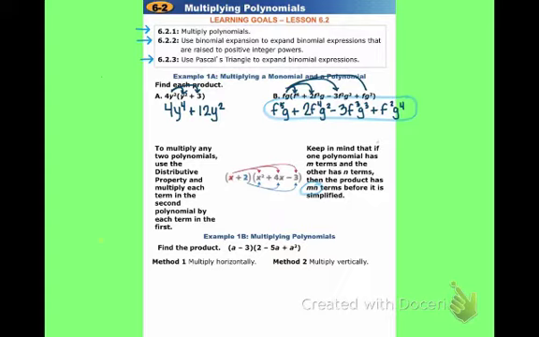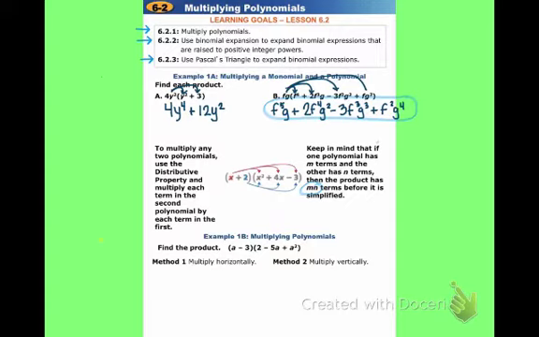If there were things I could do to group them together, then my final answer might have fewer terms if I can combine some, but in the intermediate step we should have m times n, meaning the number of terms in the first polynomial times the number of terms in the second polynomial. And that just helps us make sure we did all of the multiplications, and we didn't skip one of the distributives that we needed to do.